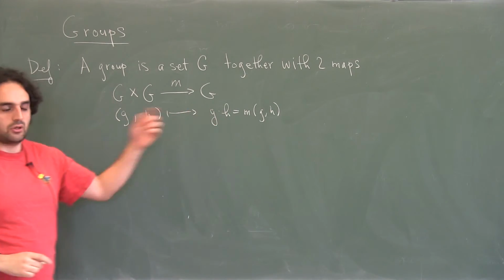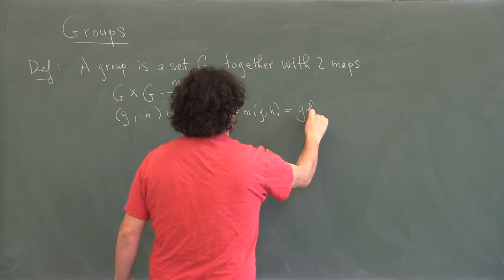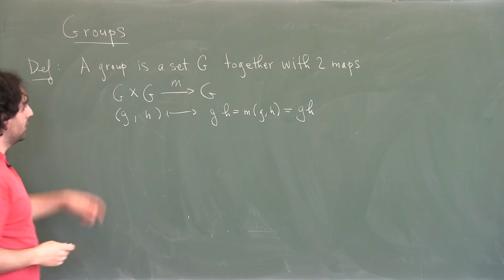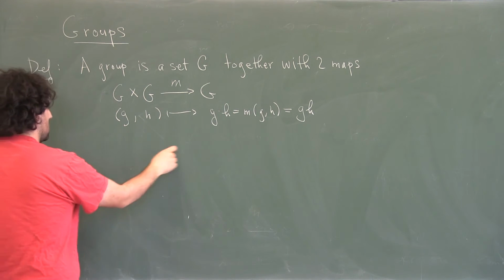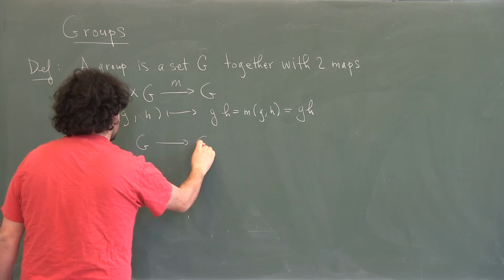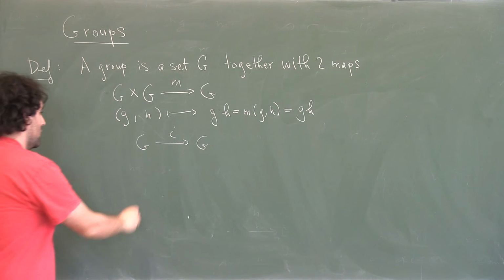In fact, very quickly we forget about the dot and we just write G followed by H for the product of G times H. So that's one map that we have. The second map that we have is inversion. This is a map from G to itself. Let's call it I for inversion.